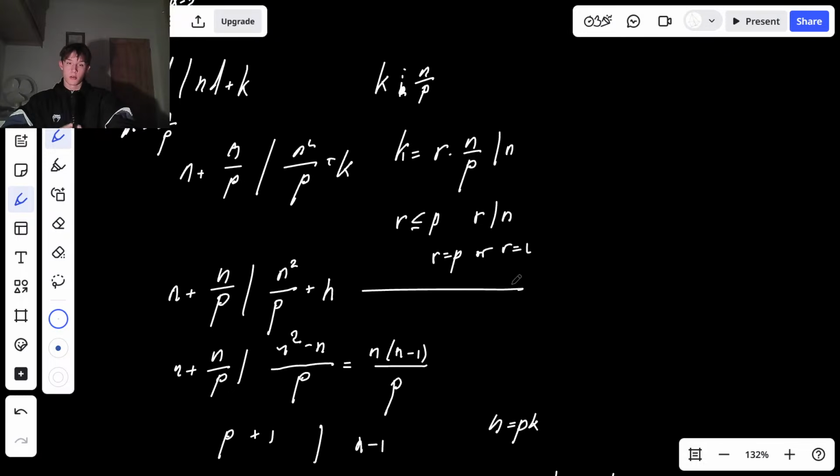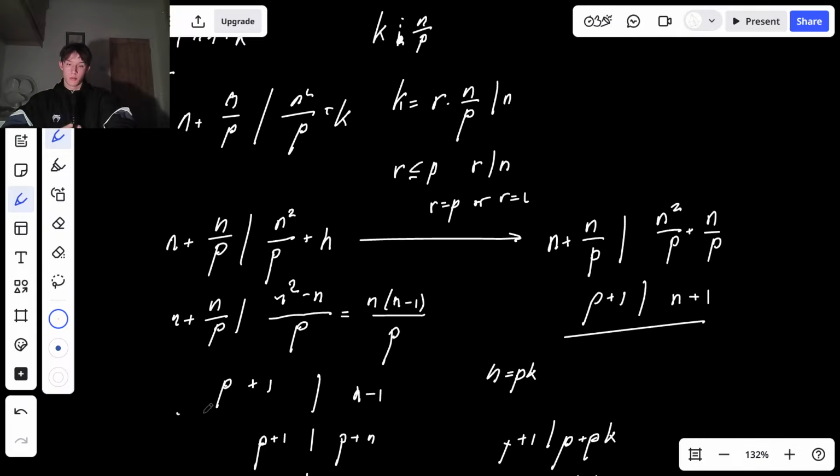That's unfortunate. And what about r equals 1? That will give us k equals n over p, which essentially gives us this thing. Then if I divide by n over p, I get p plus 1 divides n plus 1 here, and I get p plus 1 divides n minus 1 in this case.